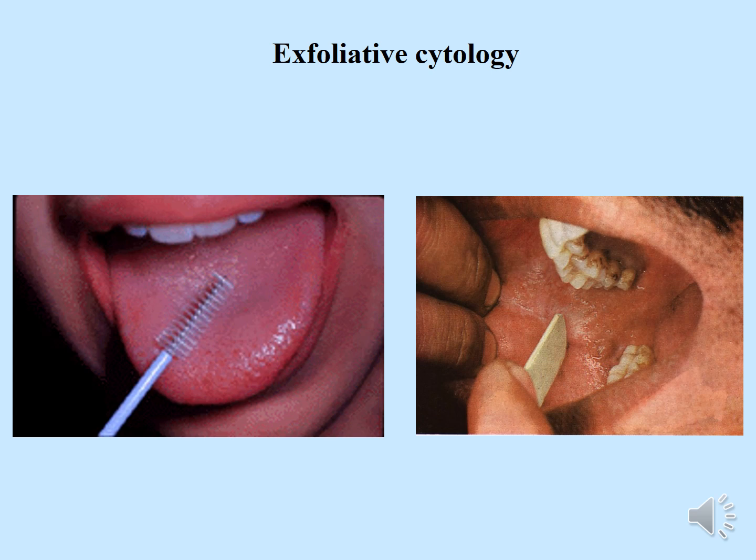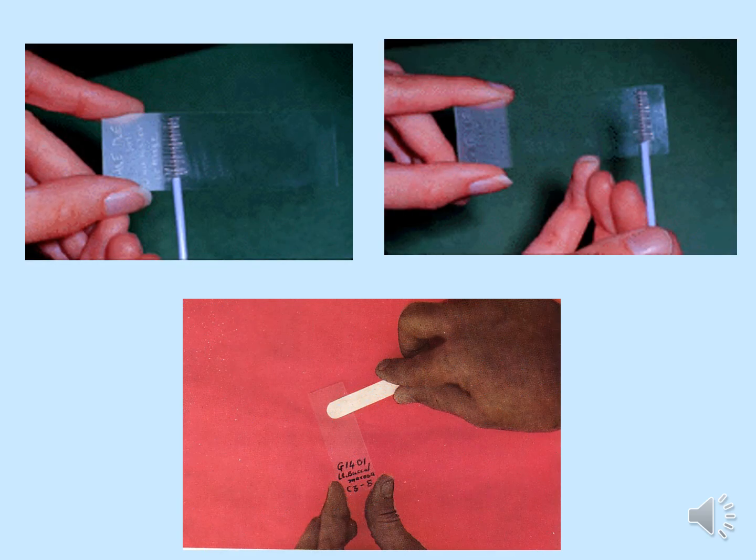Here you're seeing a brush that is used to scrape out cells, and here a wooden spatula that is used to scrape out cells. The procedure is pretty simple. Once you have scraped the cells off the mucosa, you spread them onto a glass slide.